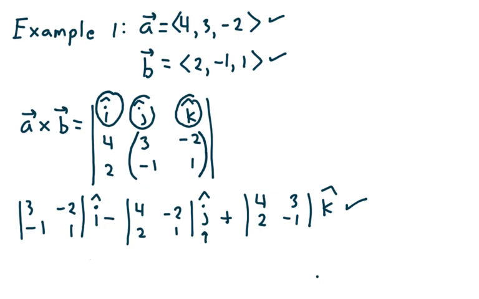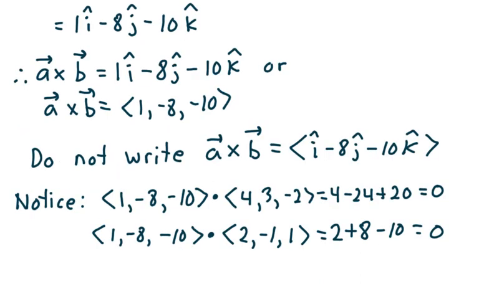Okay, so again, when you take the cross product of A and B, you will get a vector back. So when I am all done, I get 1i minus 8j minus 10k. So therefore, A cross B is 1i minus 8j minus 10k, or A cross B can be written as 1, negative 8, negative 10 in this form.